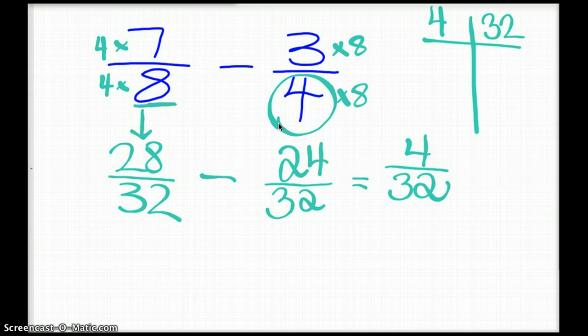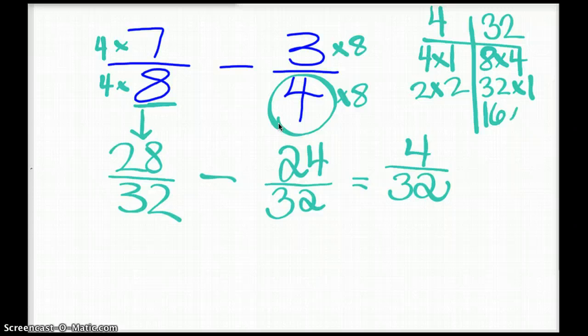4 times 1. What else? 2 times 2. What about to get to 32? Raise your hand and tell me. To get to 32, Kaylee. 8 times 4. Okay, what's another way, Maya? 32 times 1. Yep. What's another way, Chris? 16 times 2. Perfect.